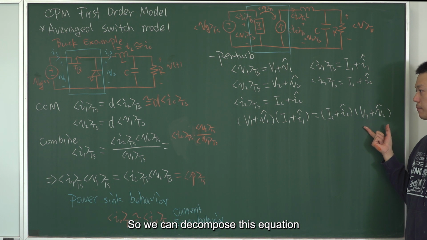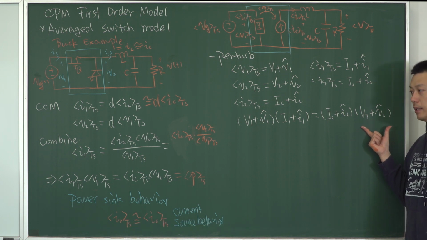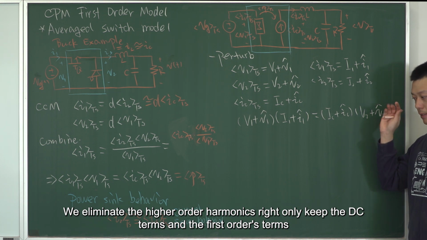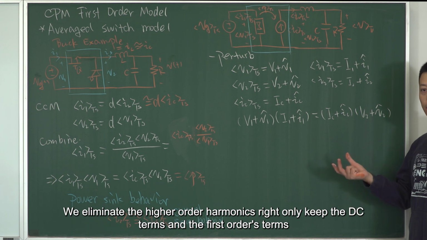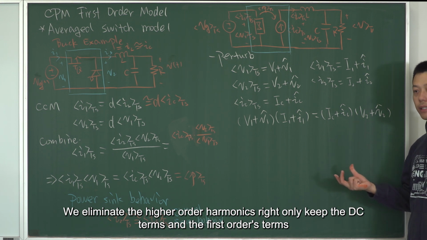So we can decompose this equation. We eliminate the higher order harmonics and only keep the DC terms and the first order AC terms.